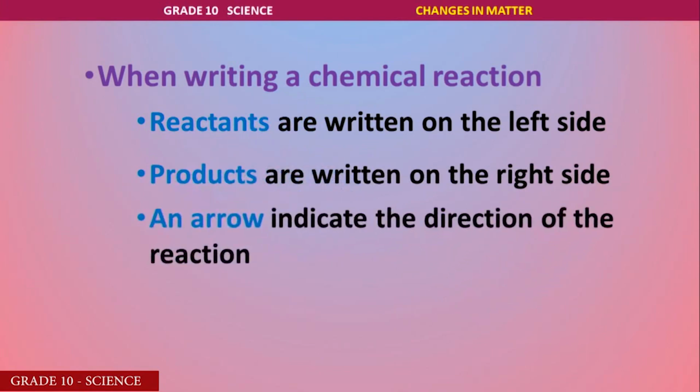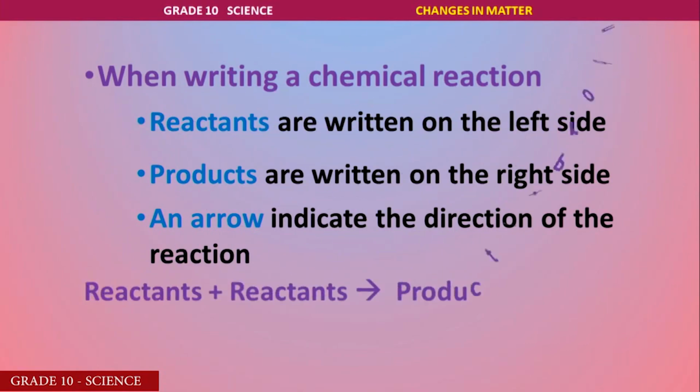And also an arrow is used to indicate the direction of the reaction. Likewise, in a chemical reaction, the reactants are on the left side, the products on the right side, and an arrow indicates the direction of the chemical reaction.